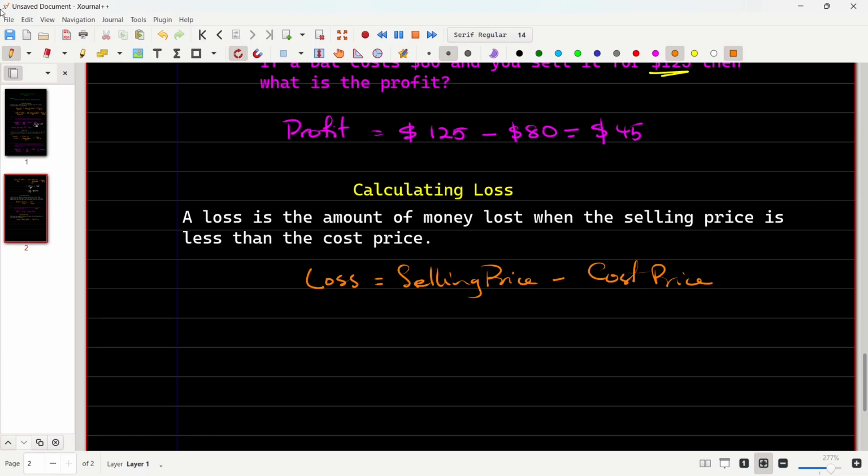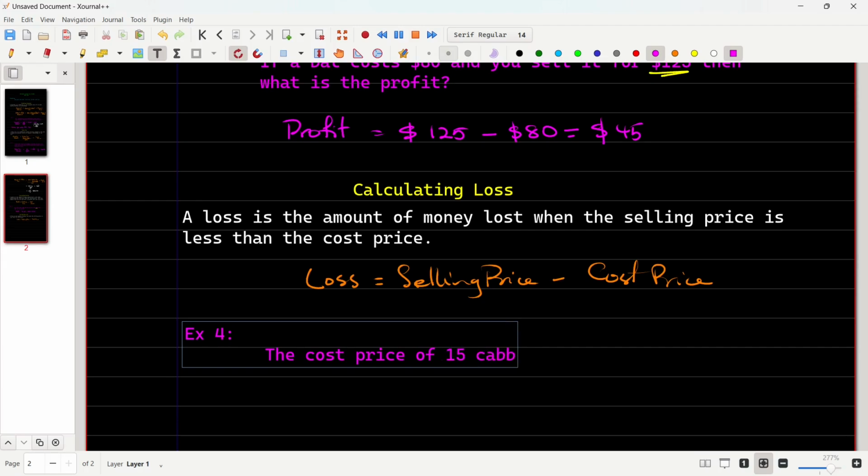And let's do a quick example. So we'll call this example number 4. So example 4, and we can say the cost price of 15 cabbages are $150.